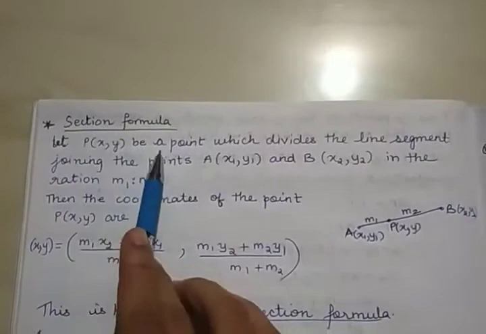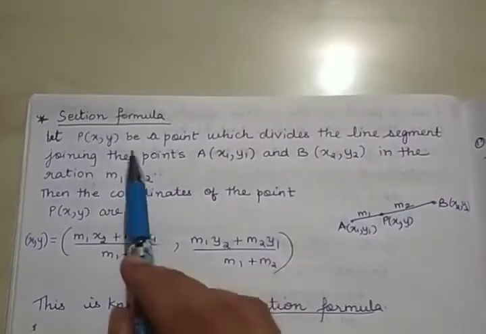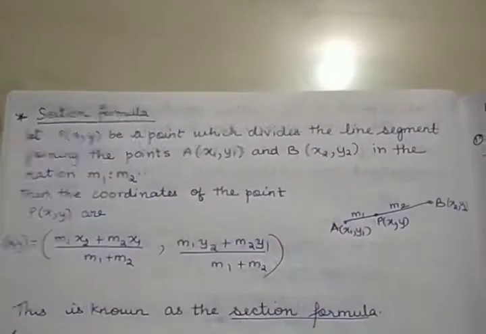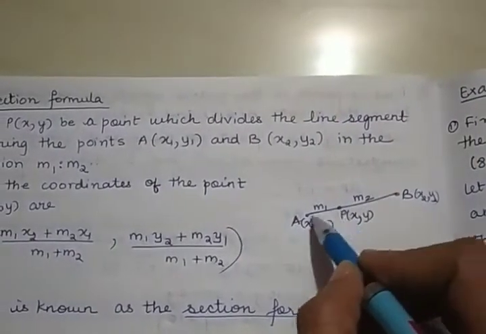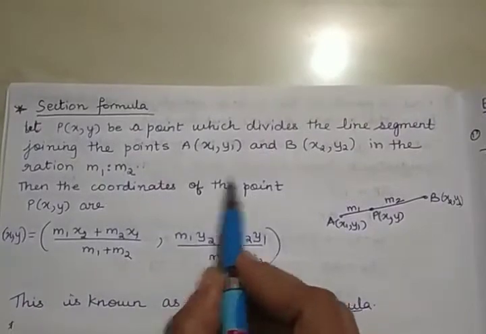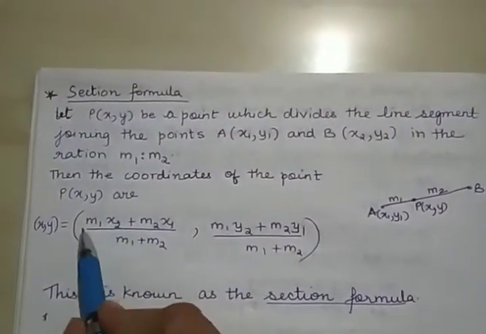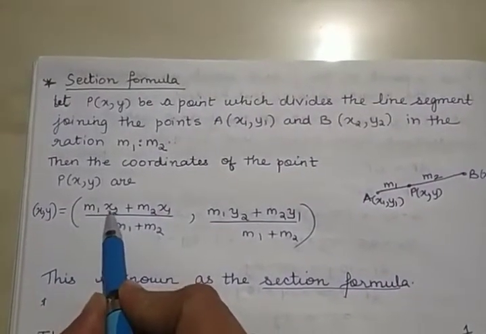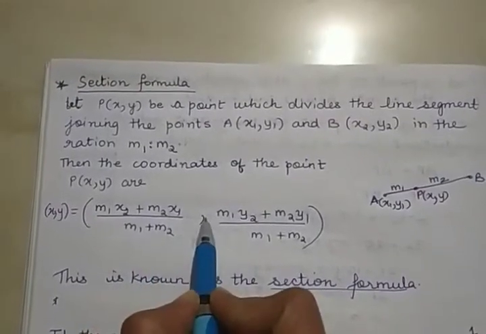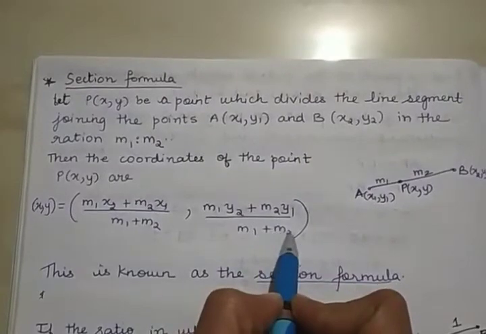Let P(x, y) be a point which divides the line segment AB joining the points A and B in the ratio m1 is to m2. Then the coordinates of the point P(x, y) are given by the formula (m1 x2 + m2 x1) upon (m1 + m2), comma (m1 y2 + m2 y1) upon (m1 + m2).